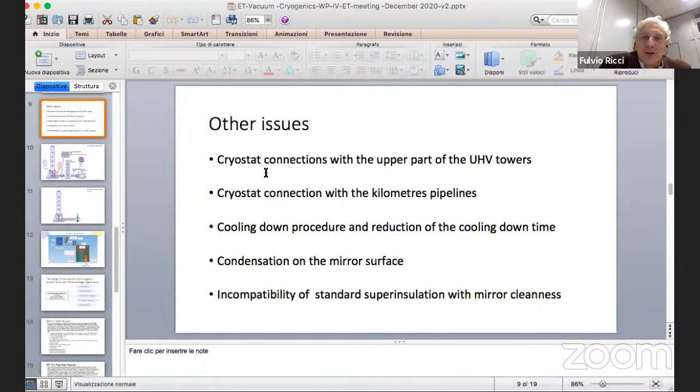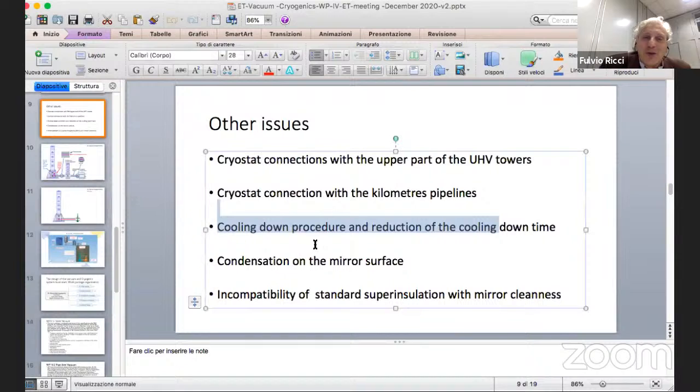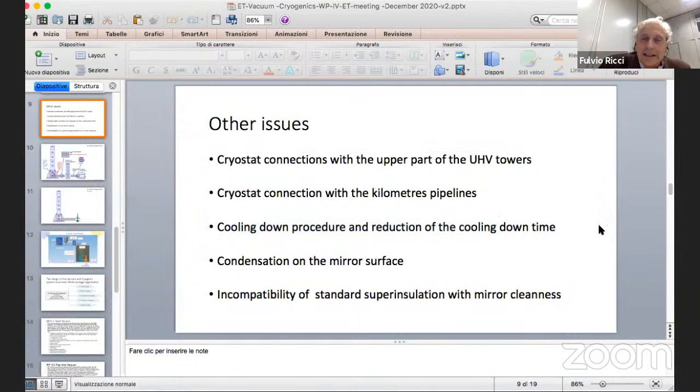For example, the problem of cryostat connection with the upper part of the ultra-high vacuum, the problem of cryostat connection with kilometers-long pipelines, and the problem of the cooling down procedure and reduction of the cooling downtime, because this is important to avoid the reduction of the duty cycle of the detector.